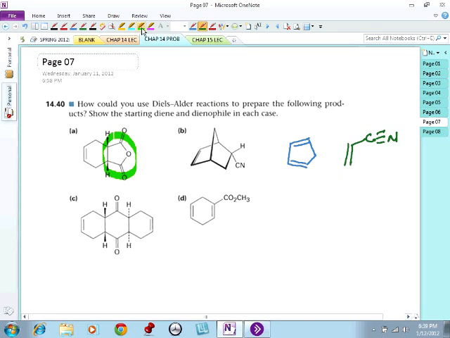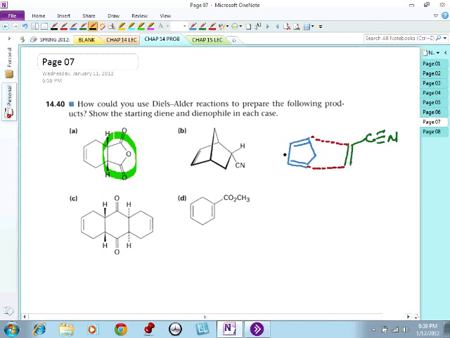Now, how do we get the 6-member ring? If you just join this, and you join this, you see the 6-member ring? This here, let us now number this, and of course this double bond will go here.